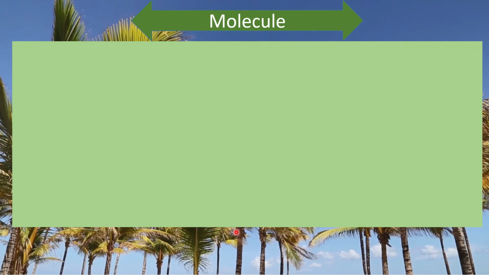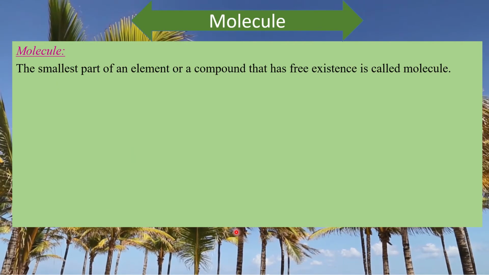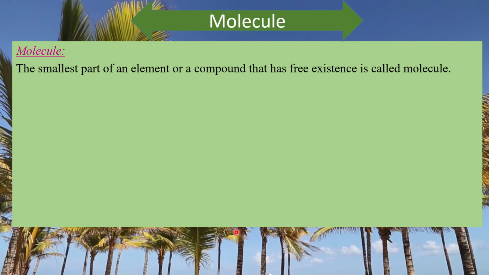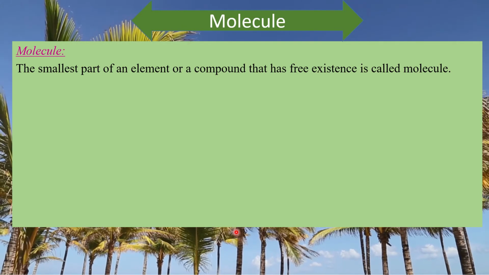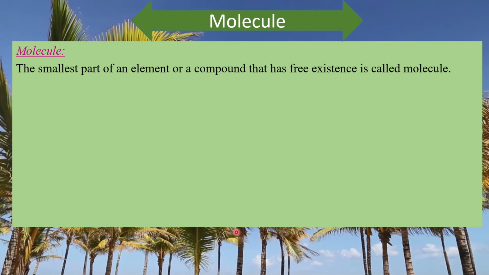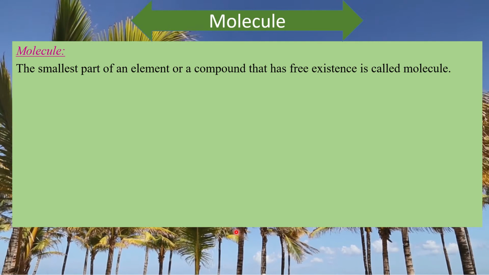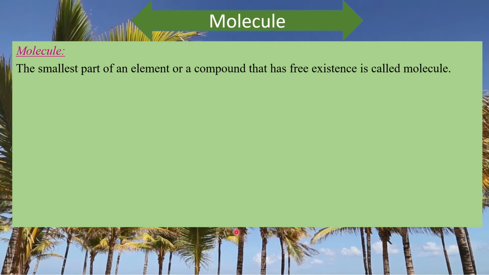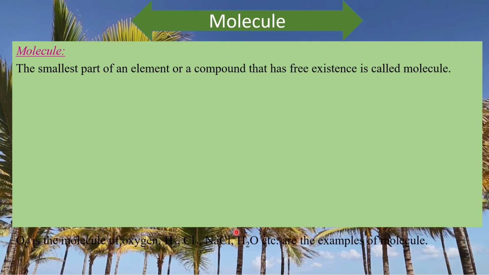Now, molecule. What is a molecule? The smallest part of an element or a compound that has free existence is called a molecule. A molecule has free existence, but an atom has no free existence.